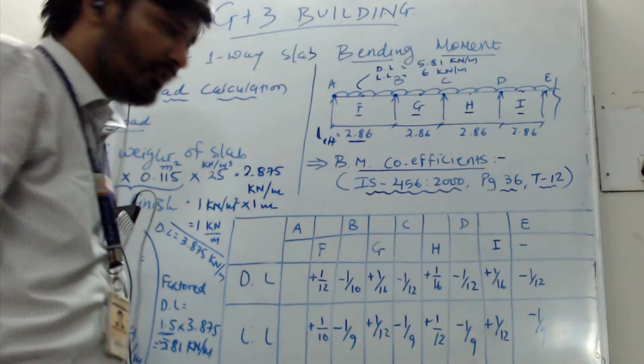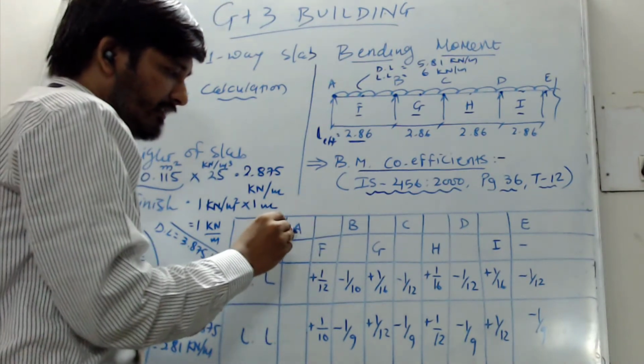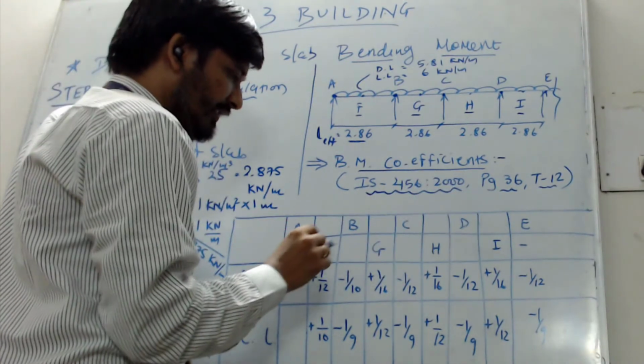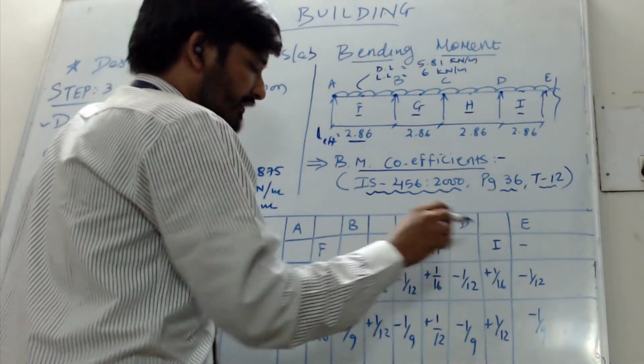So prepare a table like this: A, B, C, D, E, and F, G, H, I.